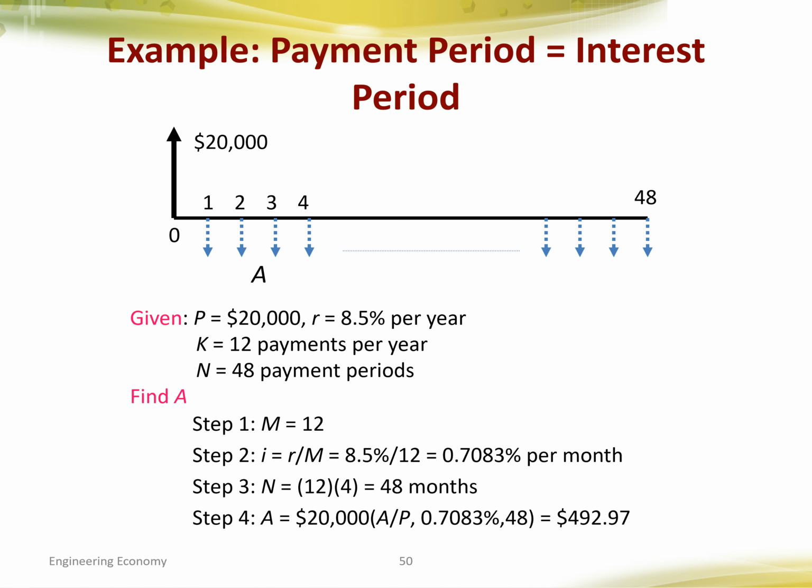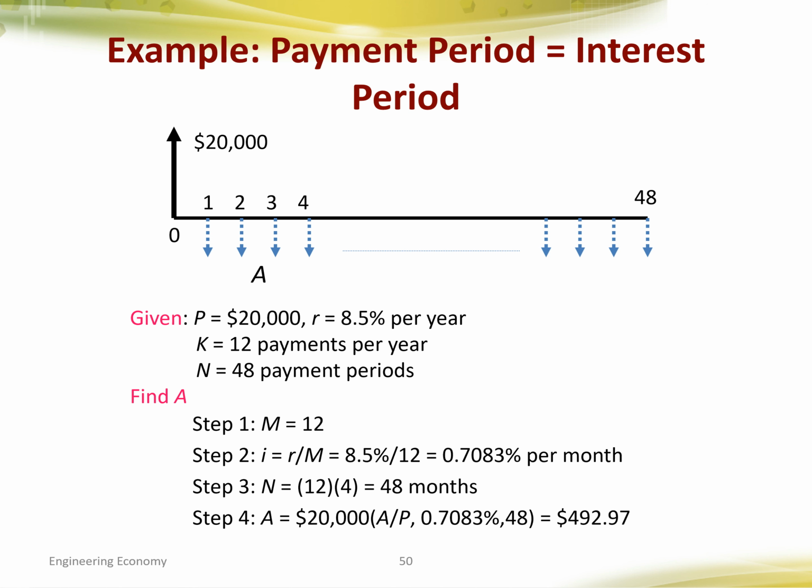So what you can do is, first you want to compute the effective interest rate per month. So you take 8.5% divided by 12, and that's the interest rate per month. And you have 48 months. So now you can compute A, because they are equal payments. So A will be equal to 20,000, which is the present value.